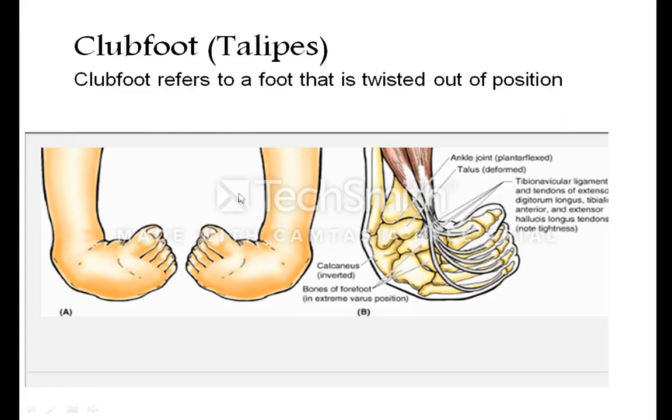Club foot is when the foot is twisted medially, inverted and plantar flexed, so we call it club foot or talipes equinovarus.